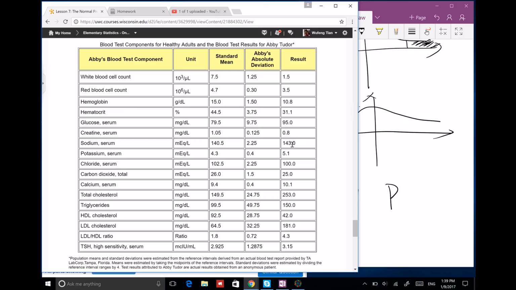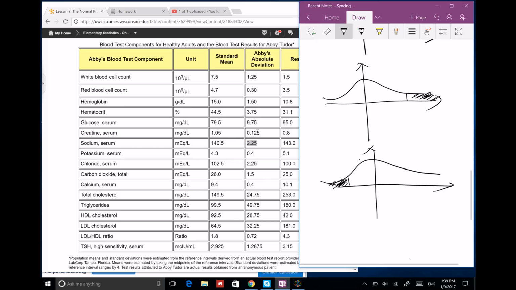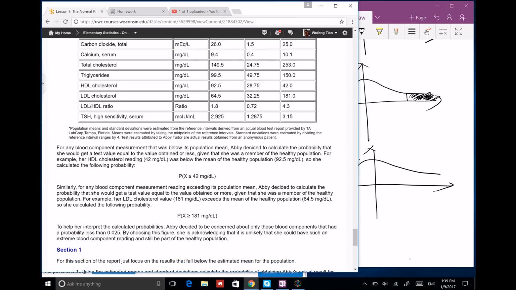The sodium, 143 minus the mean divided by the standard deviation, is okay. If it's below average, find the probability less than Abby's result. If Abby's result is above the average, find the probability that is above Abby's result. Then find the probabilities and write a report.